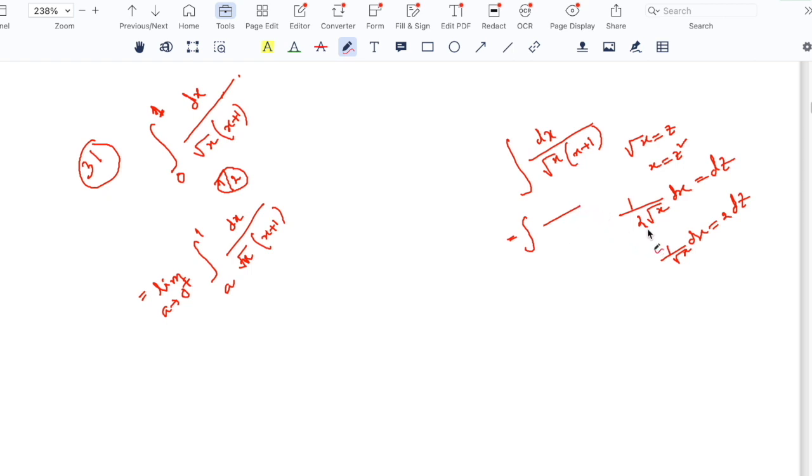dx by root x, which is 2. I can put 2 here and dz here. 1 plus x, I can write 1 plus x equal to 1 plus z square. It should be dz, and we know integration of 1 by 1 plus z square dz will be tan inverse z plus c.